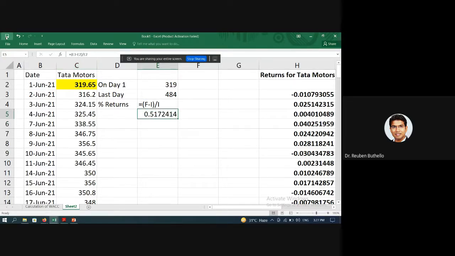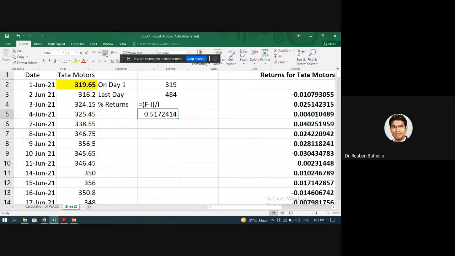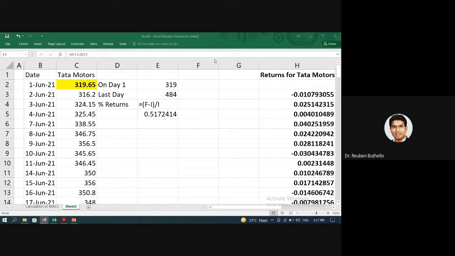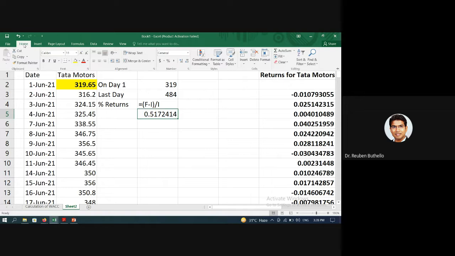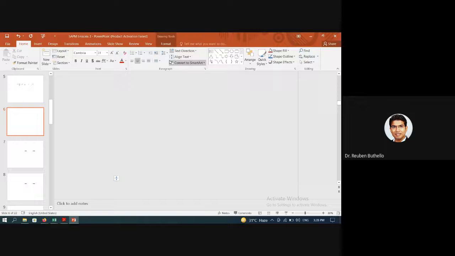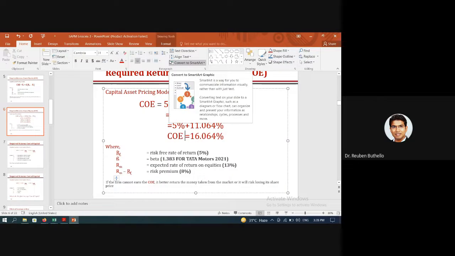I get 51%. Okay. So can you see what has happened right now? Whether or not Tata gives me dividend, I am still going to be happy. Why? Because I already earned 52% returns in the last 6 months when I was expecting only 16% returns.